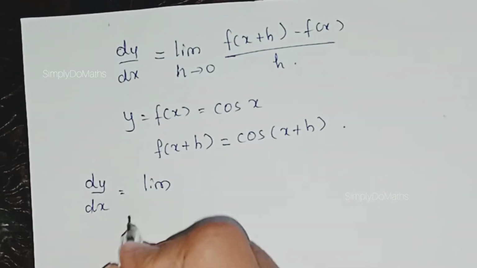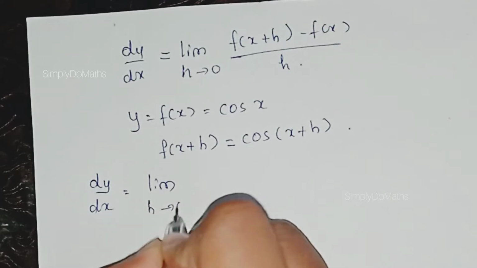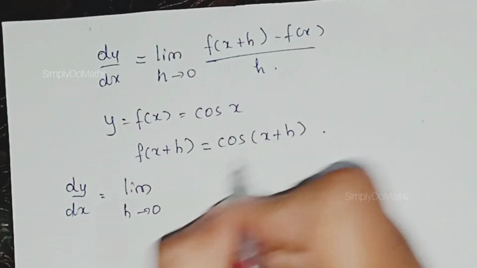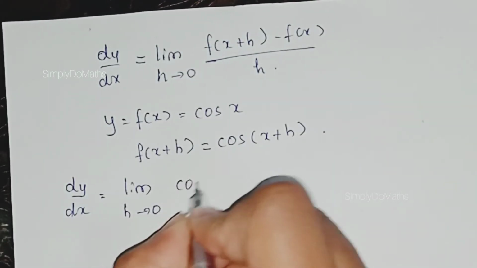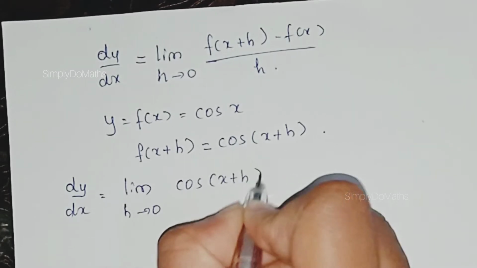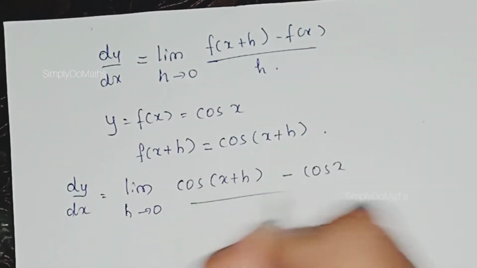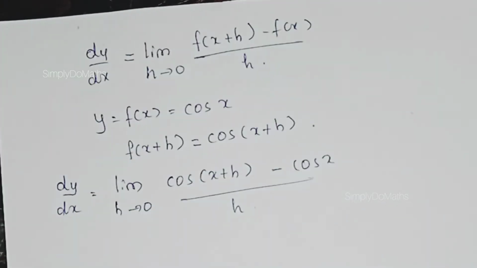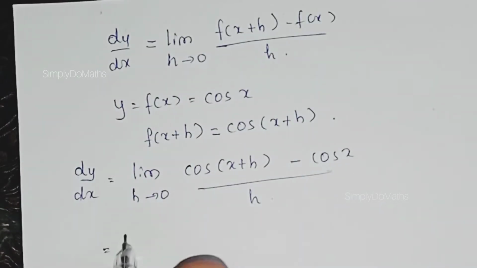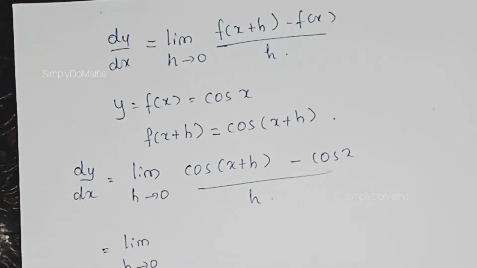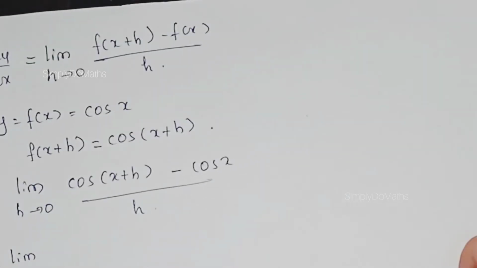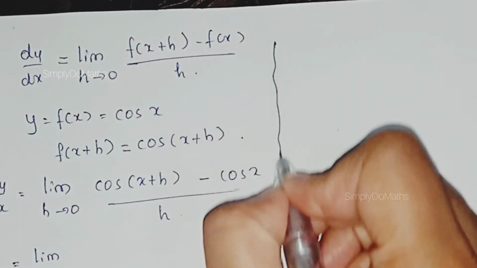Substituting all the values in the formula, limit as h tending to 0, f of x plus h is cos of x plus h minus f of x, whose value is cos x, divided by h. So this will be equal to limit as h tending to 0. We know the formula for cos a minus cos b. Let us recall that.